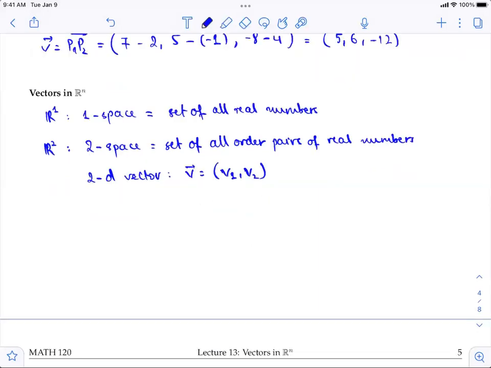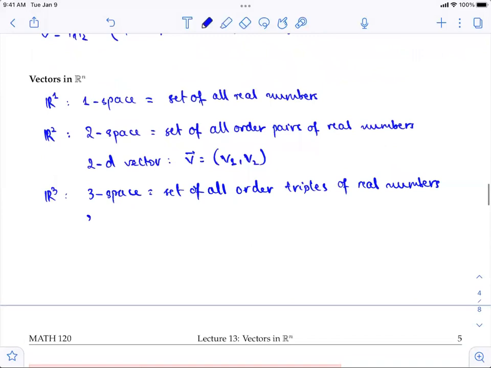Now moving on to the 3-dimensional case, the x, y, and z space, sorry, 3 space. So R3, 3 space, is the set of all ordered triples of real numbers. And 3-dimensional vectors are of the form v1, v2, v3.